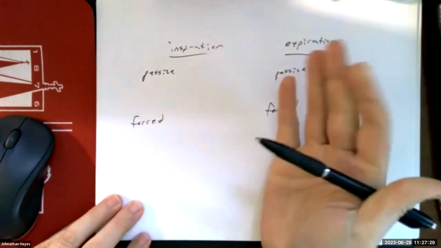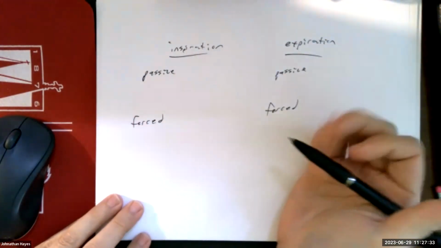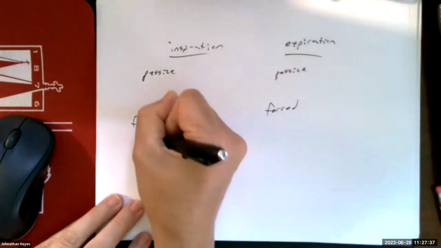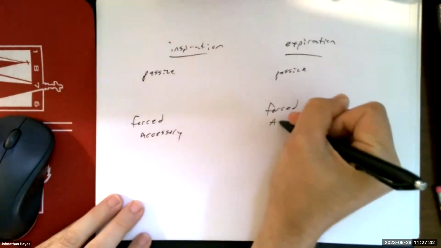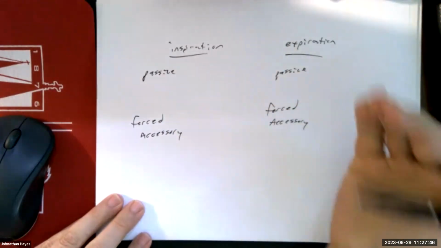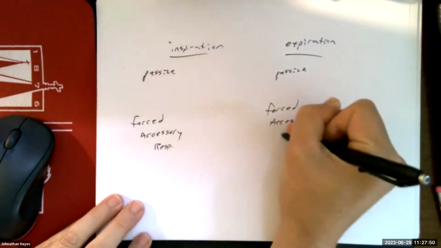And when it's passive, that just means at rest, I don't really have to get a lot involved with it. When it's forced, I'm going to have to use what's called accessory respiratory muscles, right? So it's just in addition to what I'm normally doing, I'm going to have to engage more muscles to alter the thoracic cavity to a greater degree. So we call them accessory respiratory muscles.